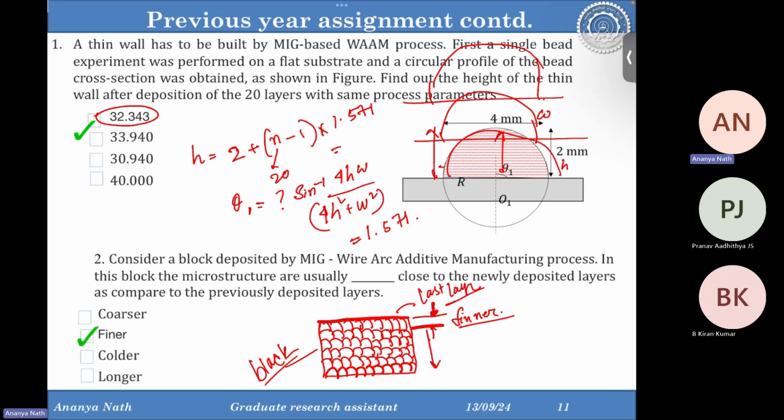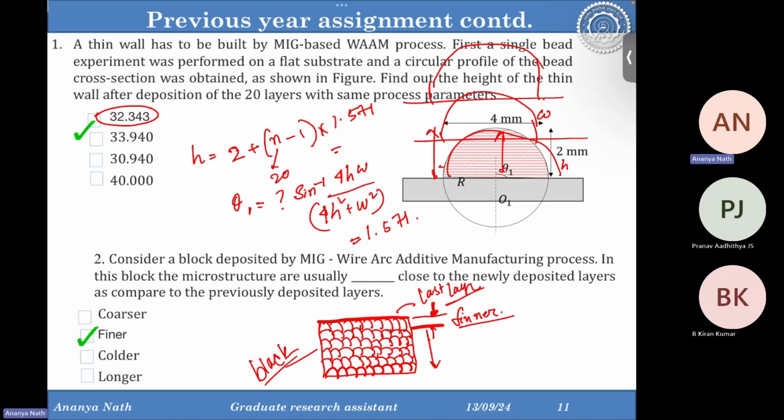Now your layer was completely melted, because you are depositing melted metal. Your melted metal, which is in liquid state at a temperature of around 1000 degrees centigrade, is getting solidified very fast. It comes from 1000 degrees to near 100 degrees centigrade very fast.